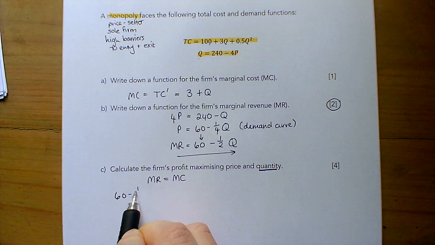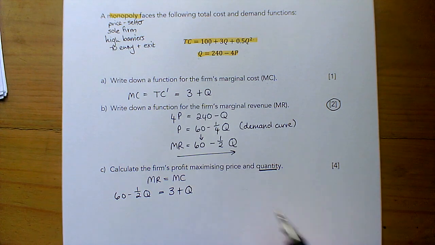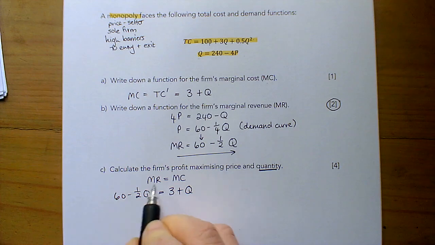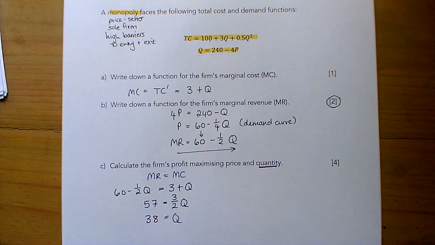MR is 60 minus a half Q. MC is 3 plus Q. Now I solve for Q. I take the 3 to the side and I get 57 equals, minus a half becomes a plus half, so that's 3 over 2 Q. If I divide both sides by 3/2, I'm going to get 38. Is it 38? Yes, 38 equals Q, because 57 divided by 3 is 19, and 19 times 2 is 38. So that's the profit maximizing quantity.